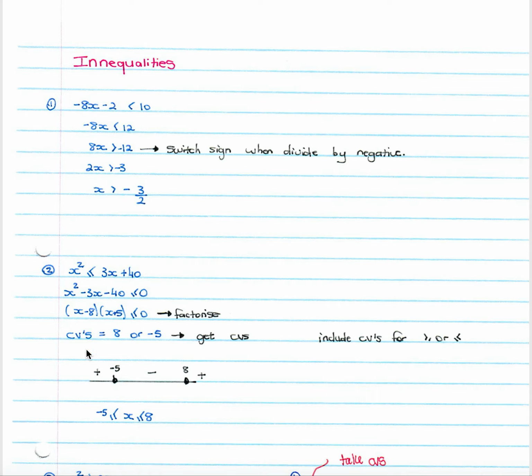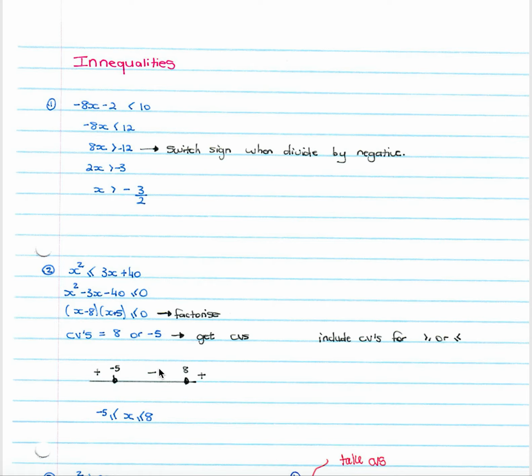So you go left of negative 5, so anything smaller than negative 5. So let's use negative 6. If we plug negative 6 into this equation over here, we get it's positive. So negative 6 squared is 36, minus 3 times negative 6 is 18, so 36 plus 18 is 54, minus 40 is 14. Therefore, this is positive. Over here, we look for a number between negative 5 and 8.